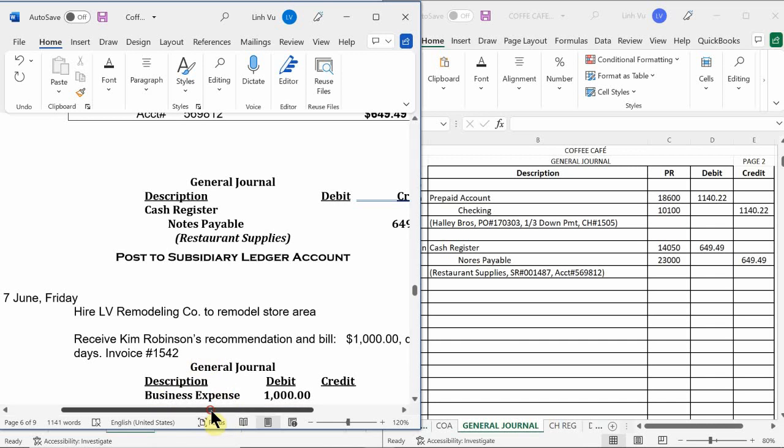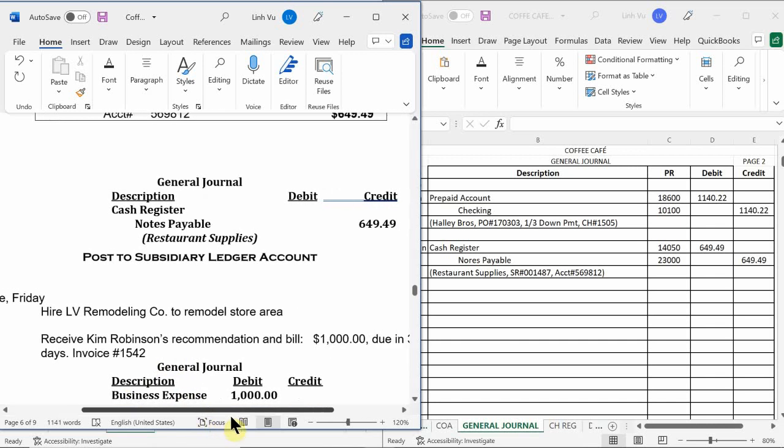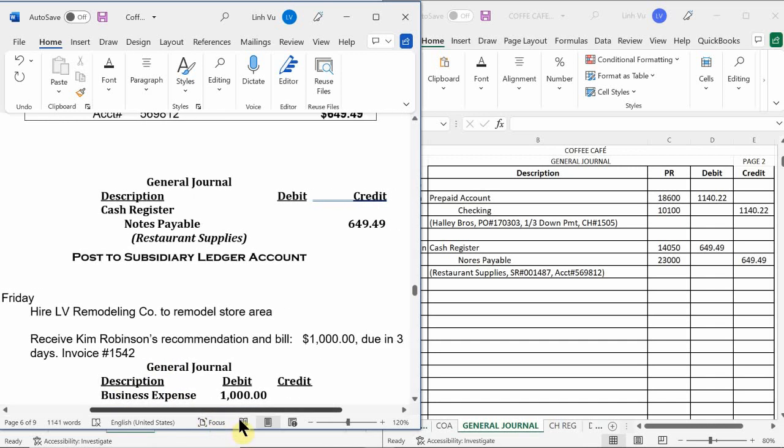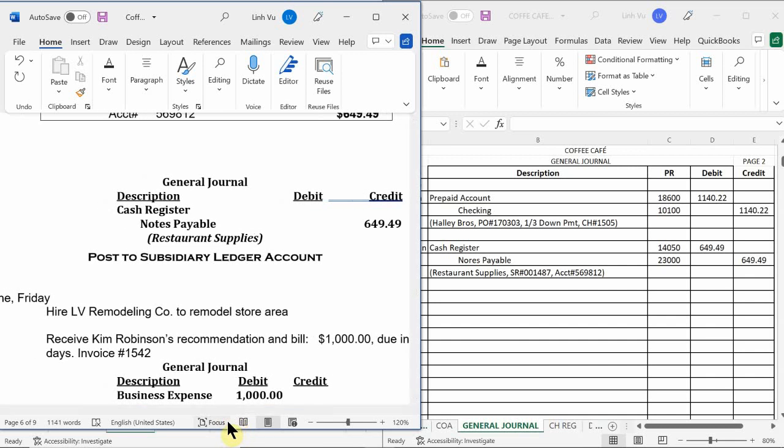So if I'm not going to pay now, what does that mean? And it's due in 3 days. So Kim Robinson sent us her bill for $1,000 for the recommendation on how to design the store, and this bill's going to be due in 3 days. So what do we do with this bill here?